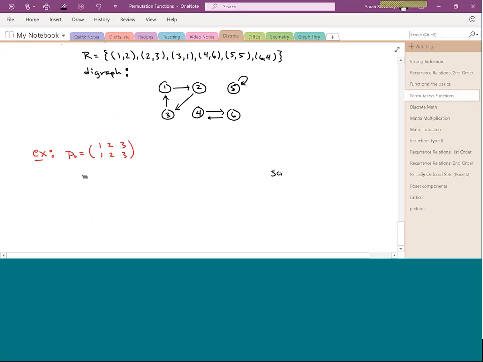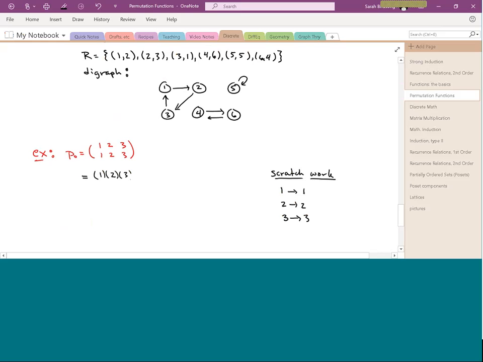Our scratch work is almost more work than not using it. If you start at 1, you immediately end at 1. If you start at 2, you immediately end at 2. If you start at 3, you immediately end at 3. So this is just 3 1 cycles.